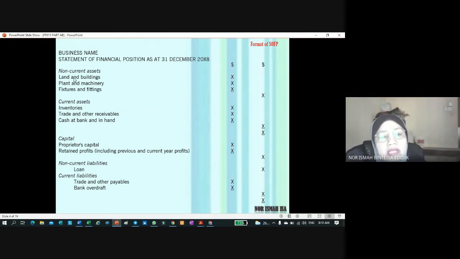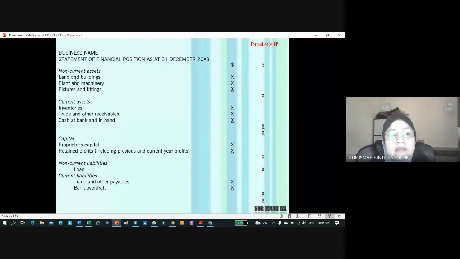As for the ledger, dia akan ada satu account, tak ada banyak. So everything about the plant and machinery, walaupun ada 10 macam-macam jenis machinery, kita just put in one account. Everything is there. So these are all the accounts that appear in the statement of financial position.